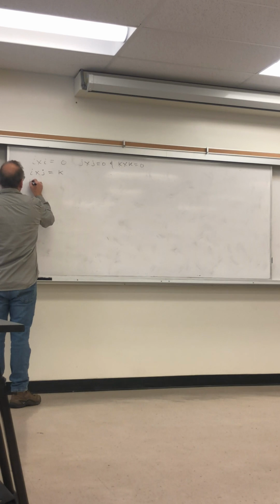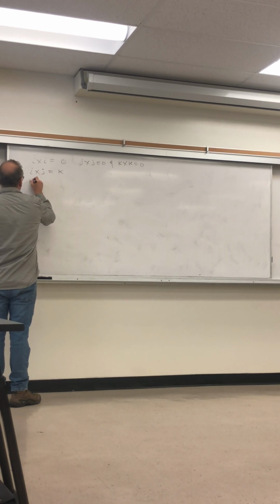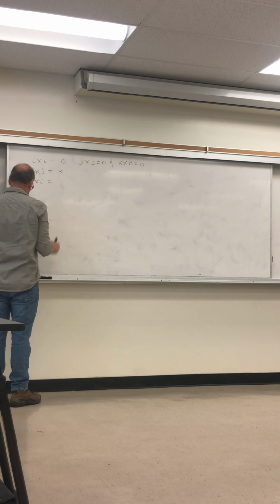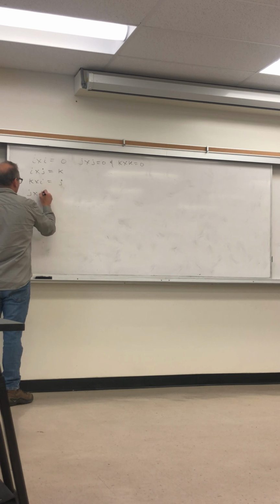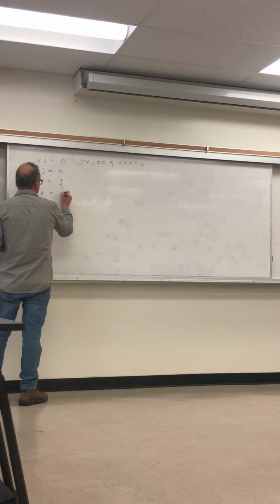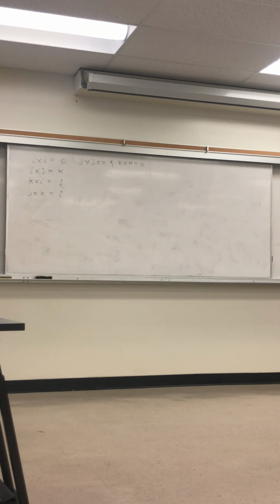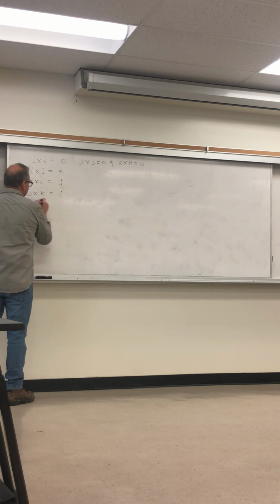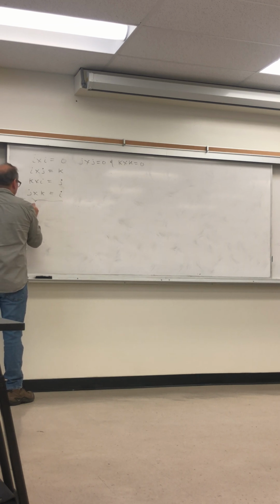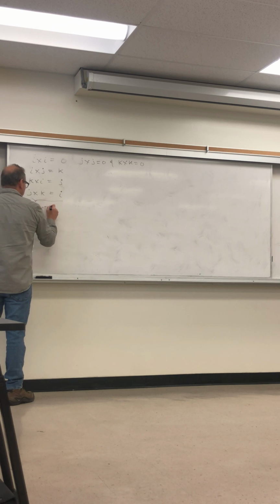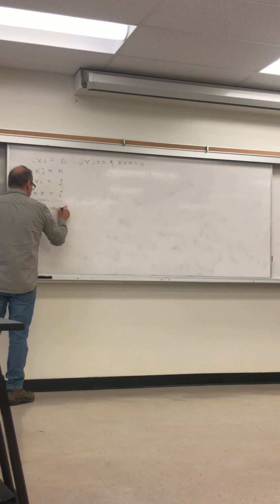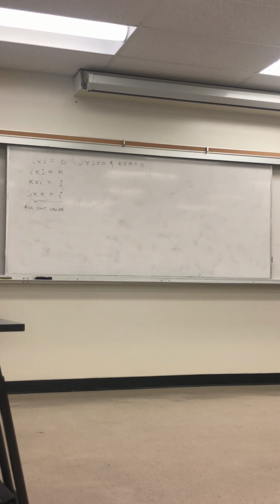K cross I is J. J cross K is I. These are all unit vectors. It's giving us directions, not magnitudes. Magnitudes are all 1, so you multiply that by another vector, it doesn't change the magnitude.